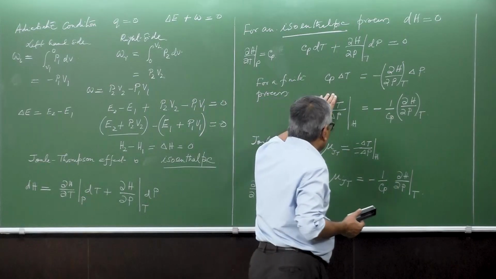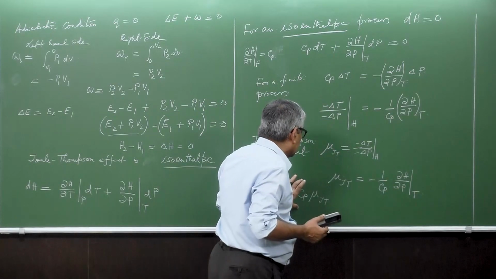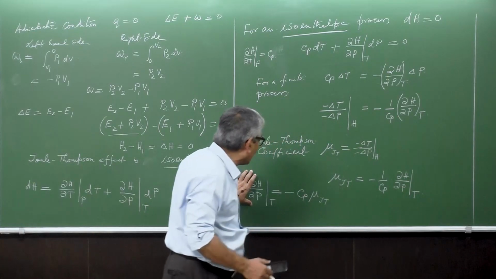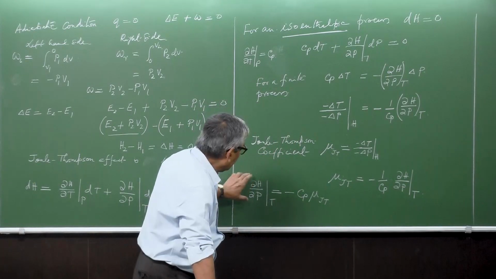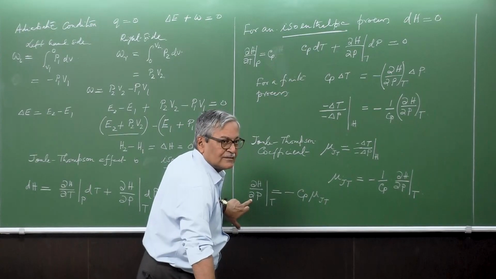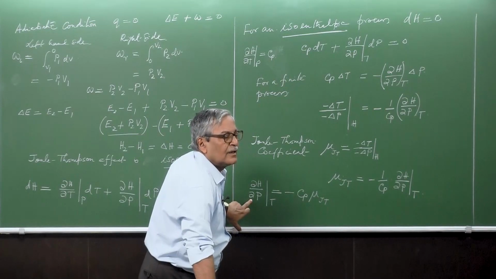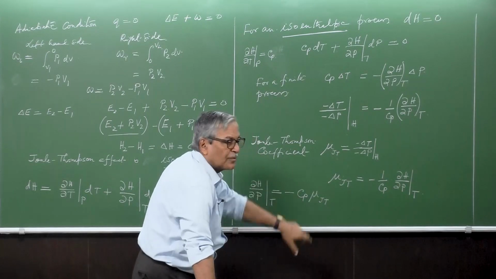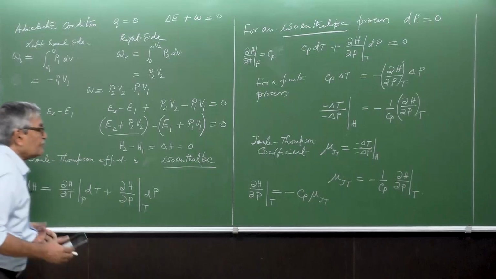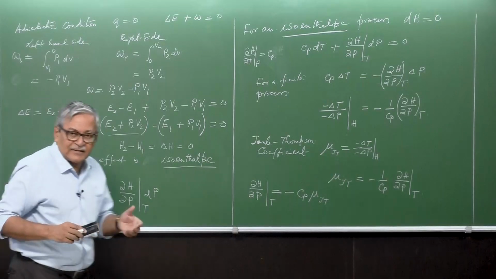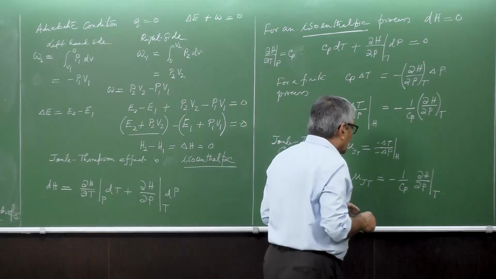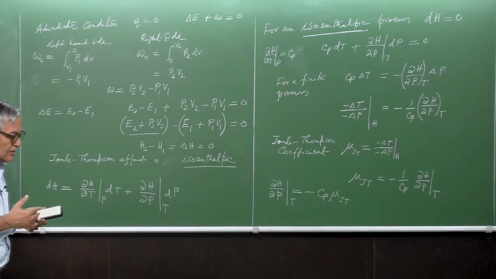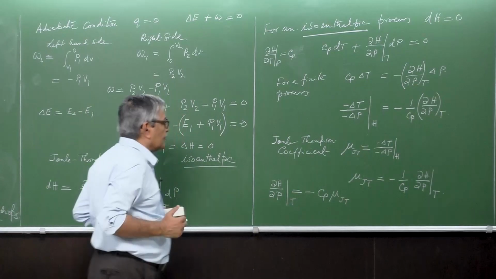If you multiply these quantities, you are going to get this del H del P. So del H del P is another property of the system. So this is a relation between the properties, and this relation is particularly important from a technological point of view.